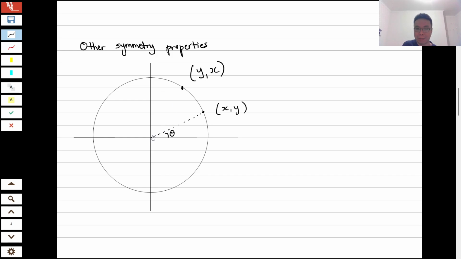So let's think for a moment what happens. If I swap x and y, it's almost like taking the inverse. Which means now the angle is going to be here.